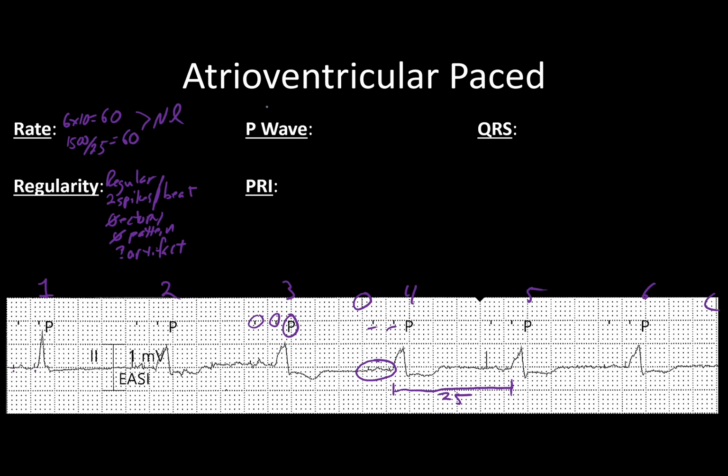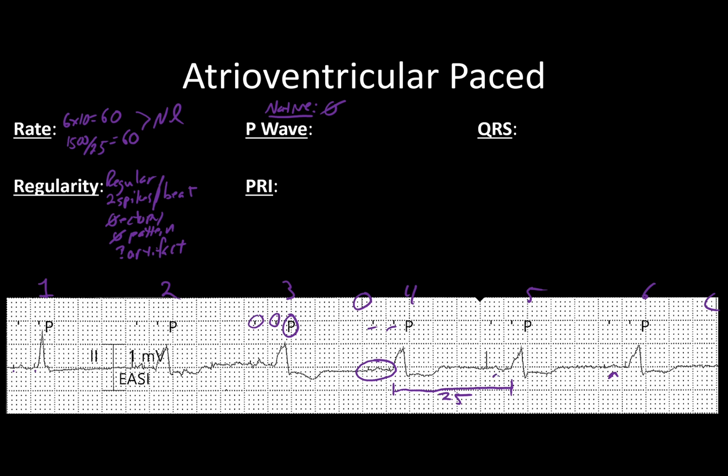From the P wave standpoint, if you look through here, there's always an atrial pacing followed by a ventricular pacing. So we'll work backwards and start with beat number 6. You can see right here where we've got a P wave.